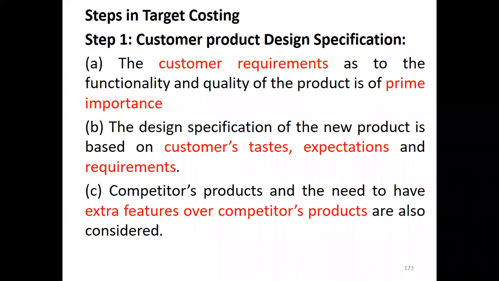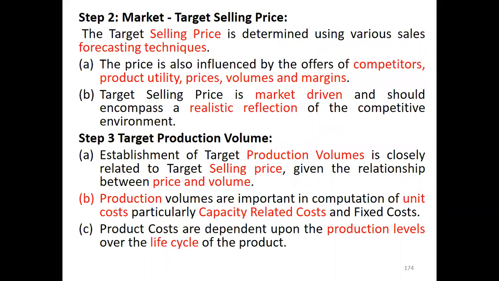Once you finalize the specification of your product, then you have to decide the selling price. If I manufacture this product, at what selling price will I sell it into the market, and is this selling price acceptable or not? Do we get the customer's response to my product or not?